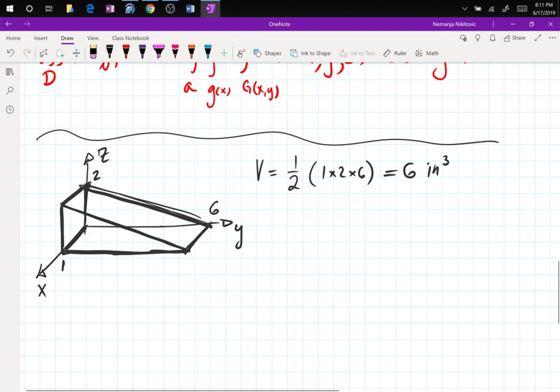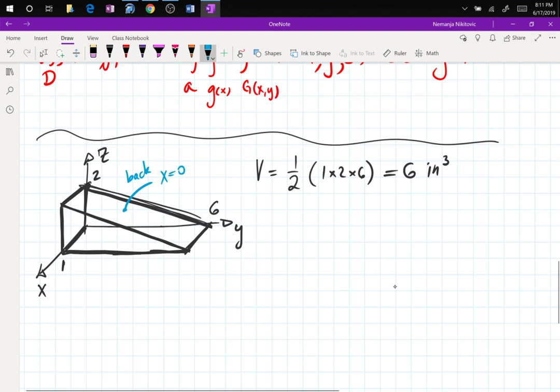Well, as you are looking at this object, you notice that you have a few planes that are bounding this object. So I'll go with the one in the back, and that one is the x equals 0 plane.